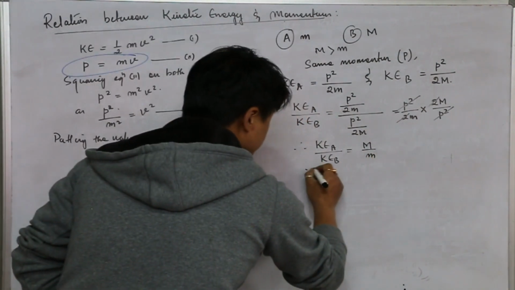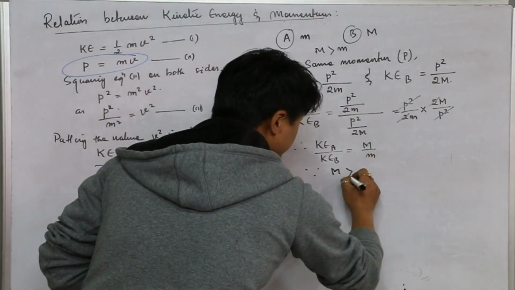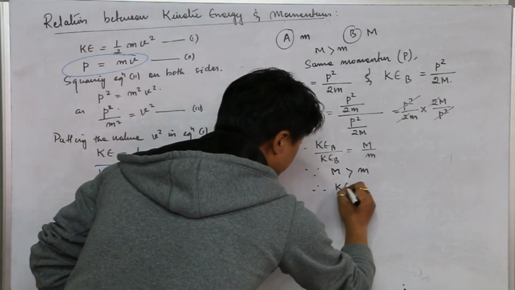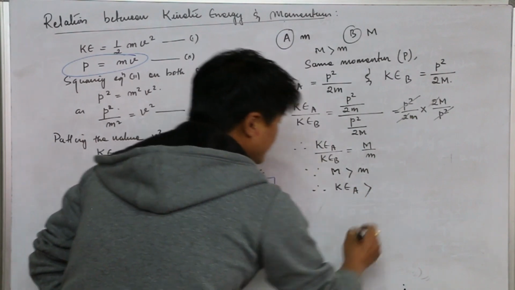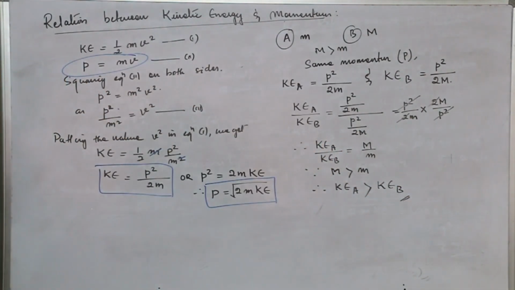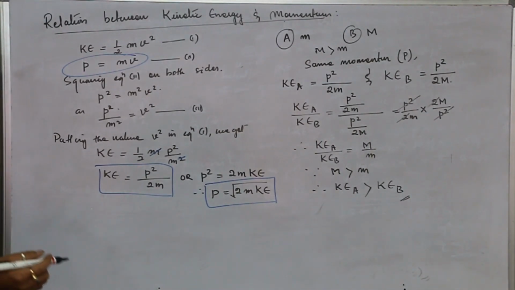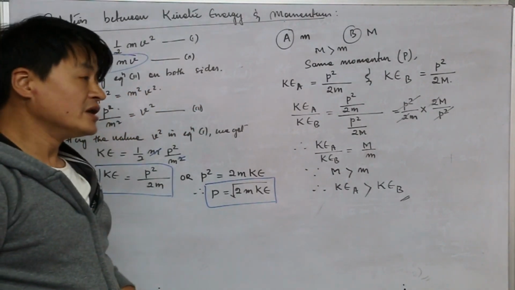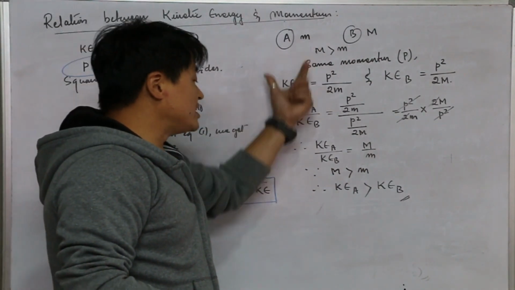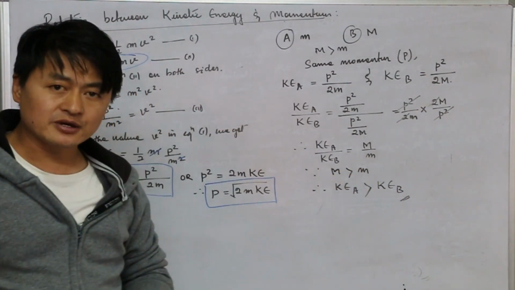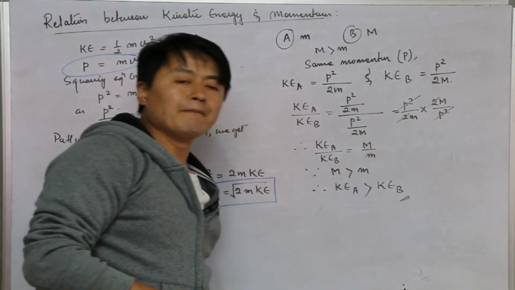Since M is greater than m, the kinetic energy of A will be greater than the kinetic energy of B. We can see that when two bodies of different mass have the same momentum, the body with the lesser mass will have more kinetic energy than the body with the more mass.